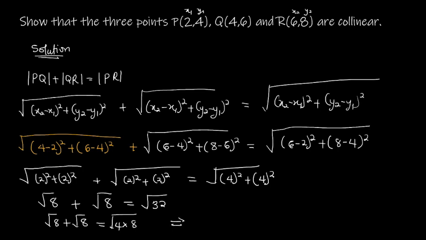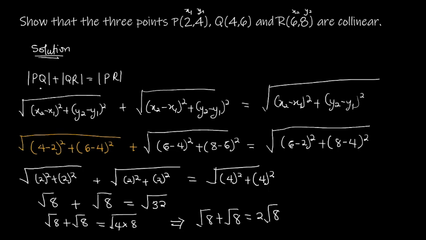So this becomes 2 squared, so it will take care of the root, so it comes outside as 2 root 8. So we can see that root 8 plus root 8 is equal to 2 root 8.